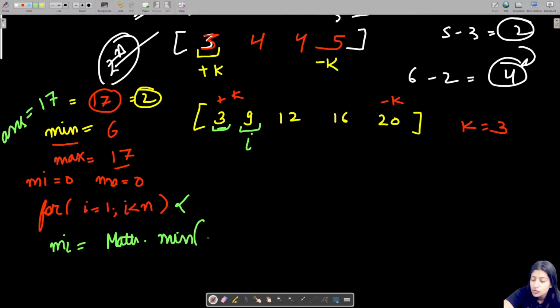So mi will be storing math.min of what was your minimum previously. Right now your minimum is standing at ARR of 0 plus k, the value that you got from here. So mi will be calculating the subsequent minimum of this min value which you got in the first case, and the value that you will be evaluating on ARR of i.